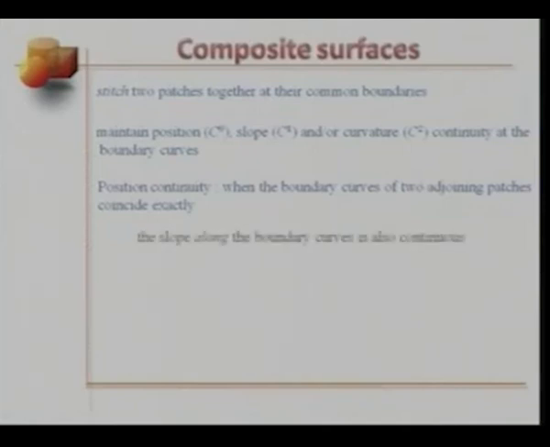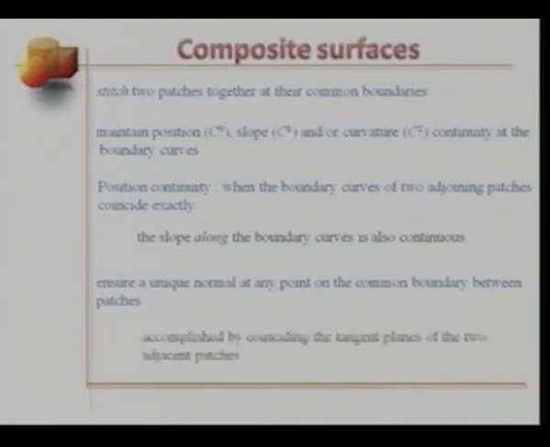This would mean physically the slope along the boundary curves is also continuous. We also need to ensure a unique normal at any point on the common boundary between two patches. We can accomplish this by coinciding the tangent planes of the two adjacent patches.